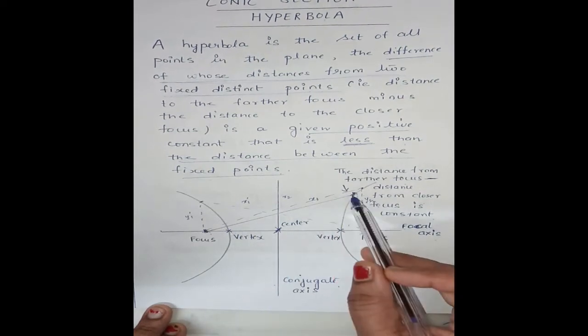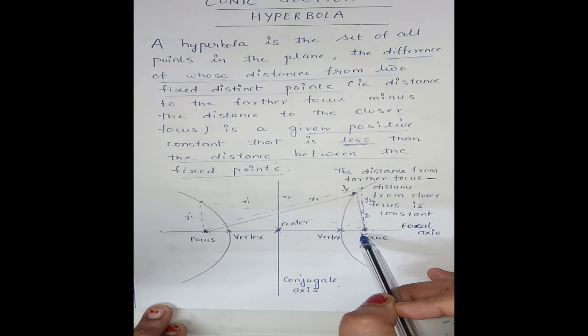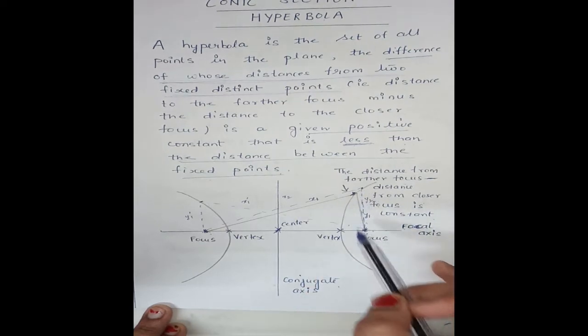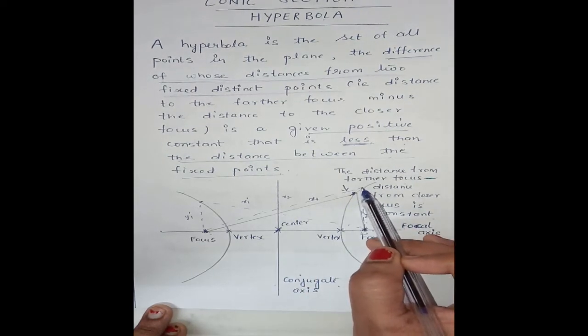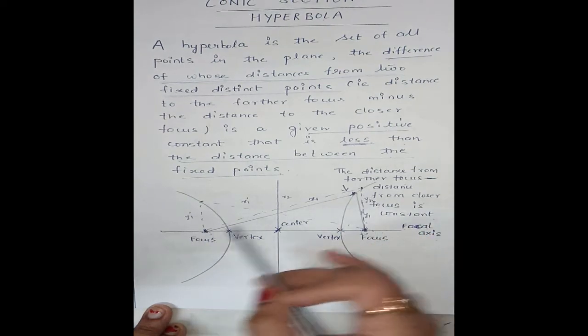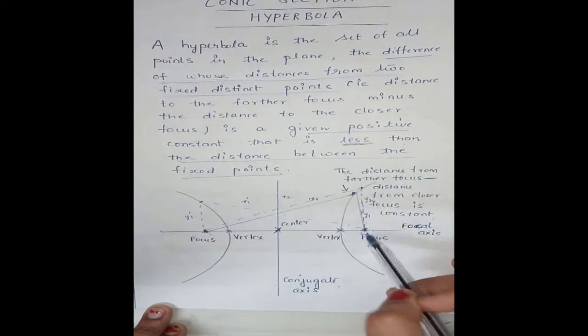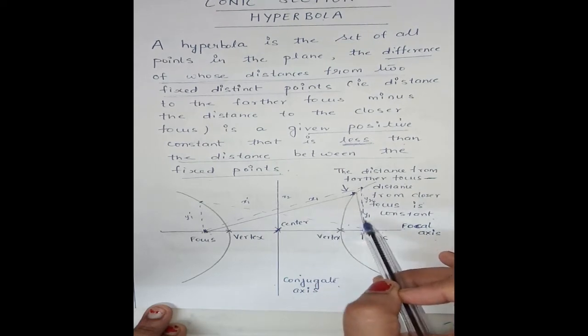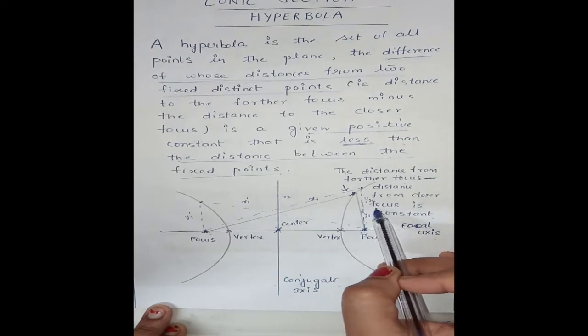This x1 minus y1 is a constant and it is the same for all the points on the hyperbola. Say if this is another point on the hyperbola and this distance is x2 and this distance is y2, then x1 minus y1 is the same as x2 minus y2.